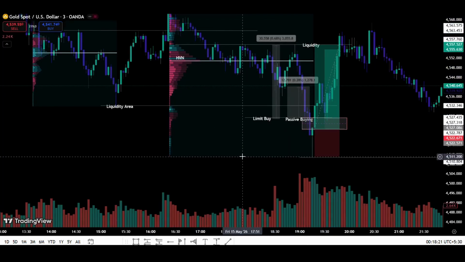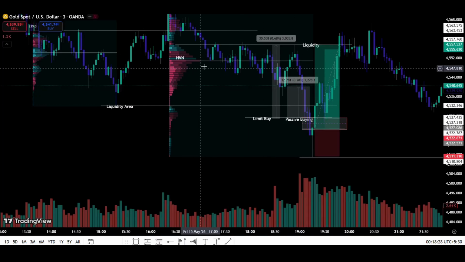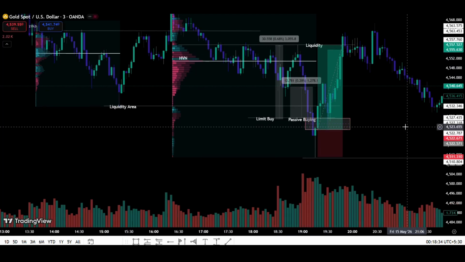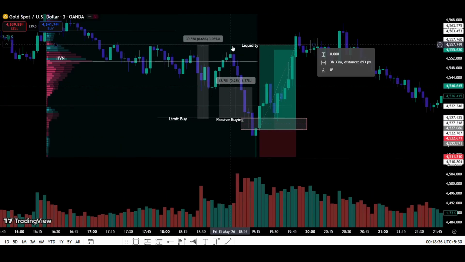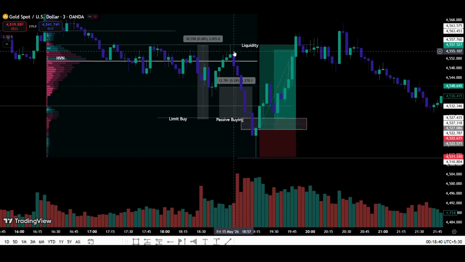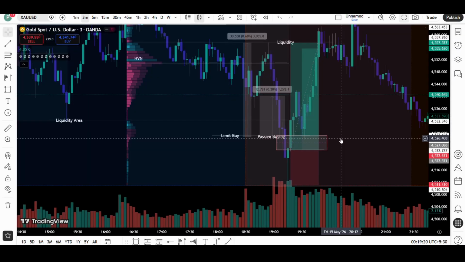Now coming to the point, in the liquidity sweep, if you see the market from here, the timing is in the New York session. The market has fallen very sharply. From 18:57, that is the New York session, there were aggressive sellers, passive buyers, aggressive buyers.